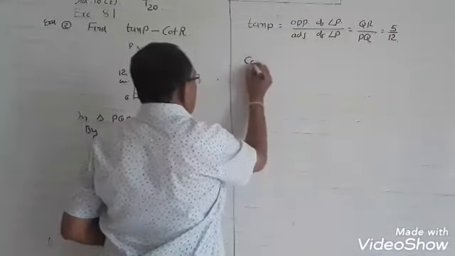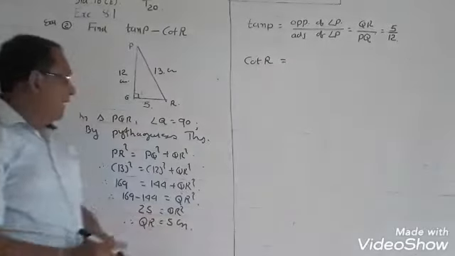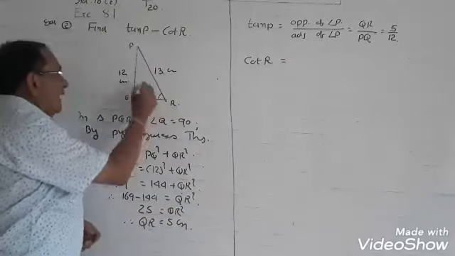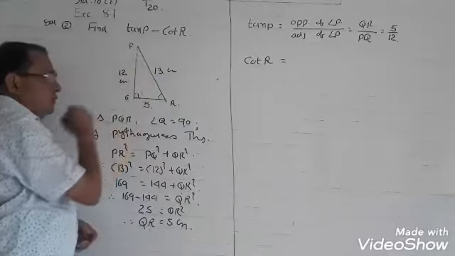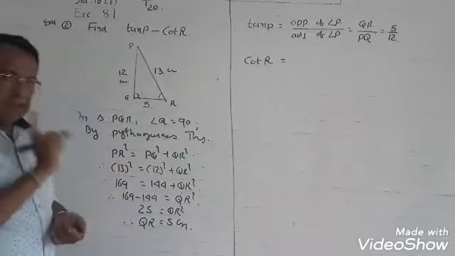Now cot of R, not P, cot of R. With reference to R, PQ is your opposite side and QR is your adjacent side.